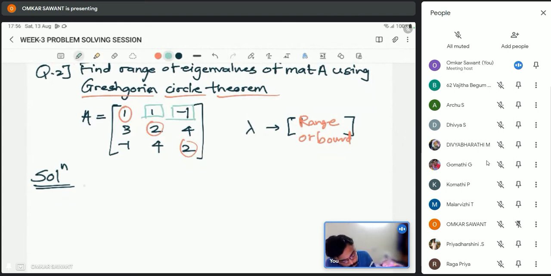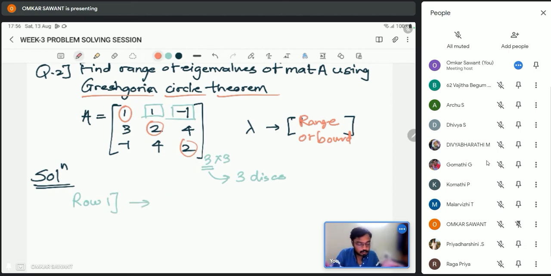So for, say, row 1. The dimension of this matrix is what? 3 by 3, so a 3 square matrix. So we will get 3 discs, each for a particular row. For row 1, we will get one disk. Carefully, please listen.